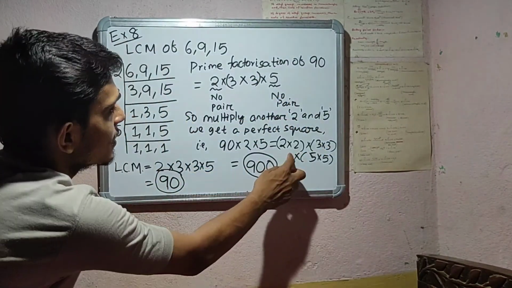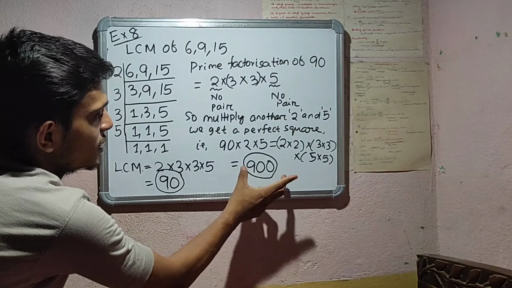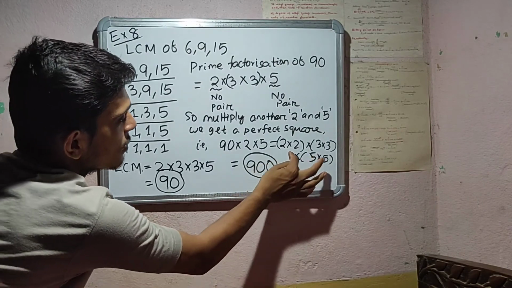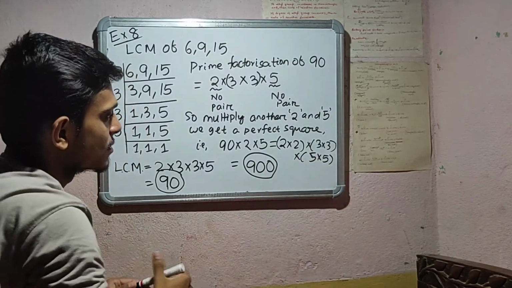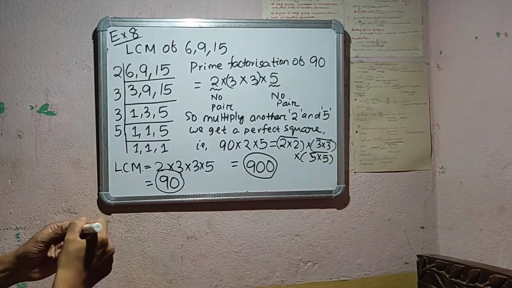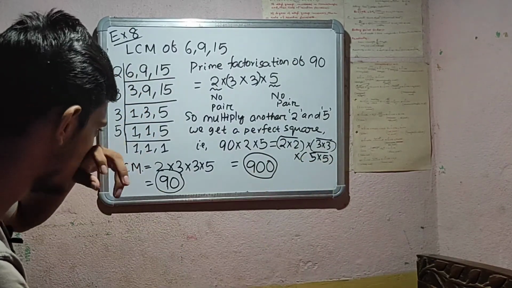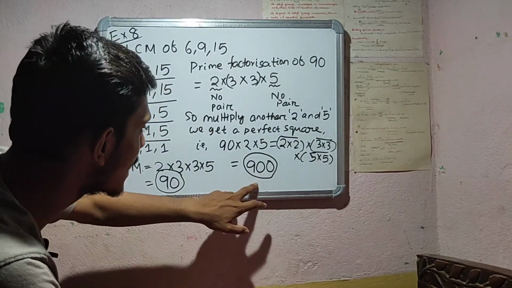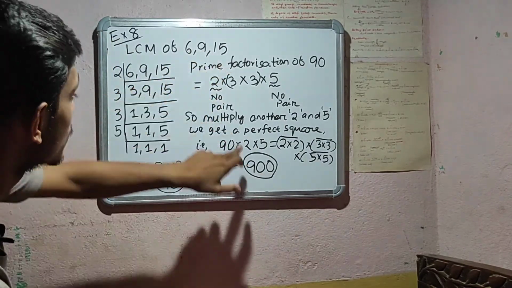So that is 900. So this is a square number because the prime factors are all pairs. All are pairs. Clear? So this is the smallest square number that is divisible by 6, 9 and 15.